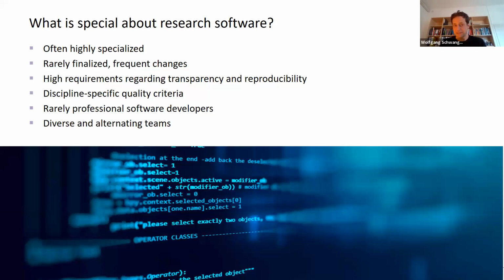It's for specialists. It's indefinite in terms of development times. It's rarely finalized. There are frequent changes. It should be reproducible, or it should, let's say, foster reproducibility. So it has high requirements regarding transparency and reproducibility. There are often perhaps some discipline-specific quality criteria that should be met.